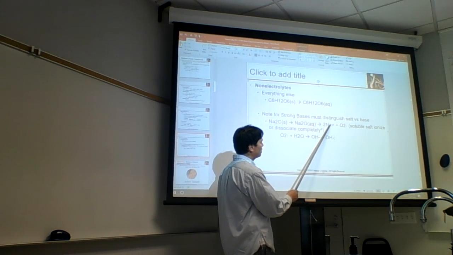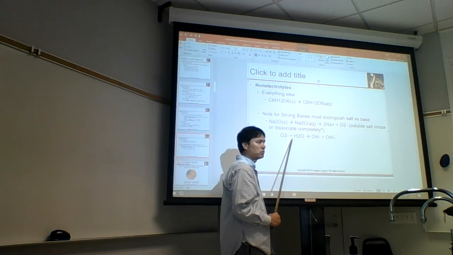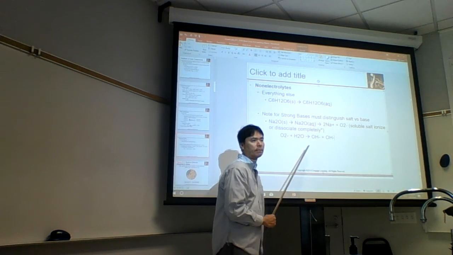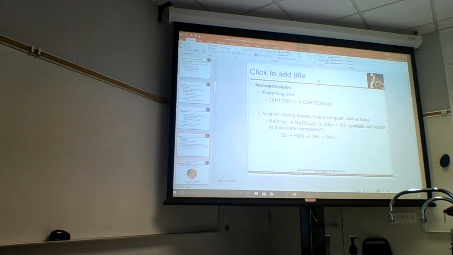So we had 2 strong electrolytes. The first strong electrolyte was a soluble salt. The second strong electrolyte is a strong base. And so we say strong bases hydrolyze completely.